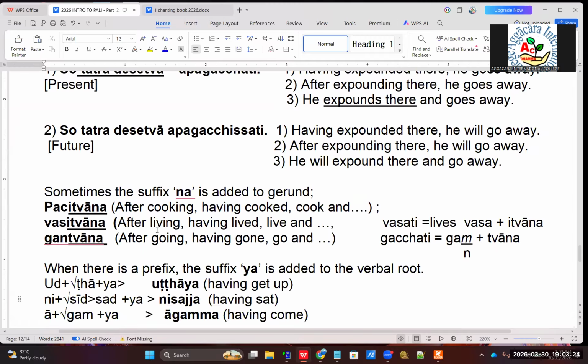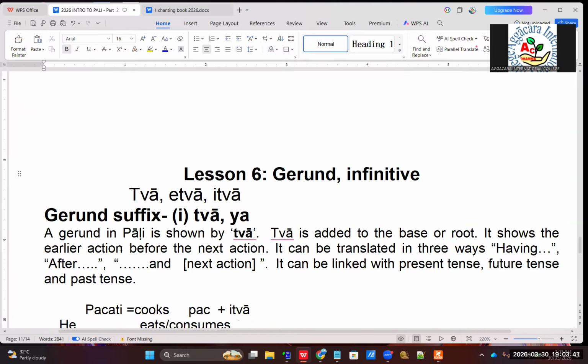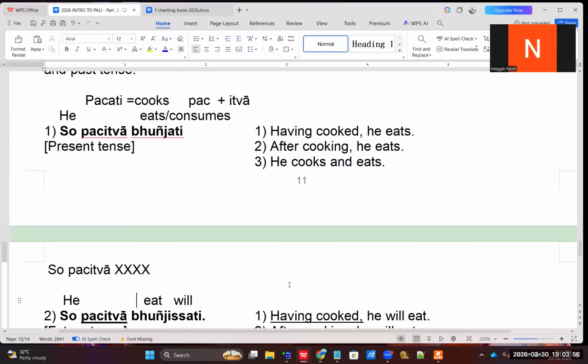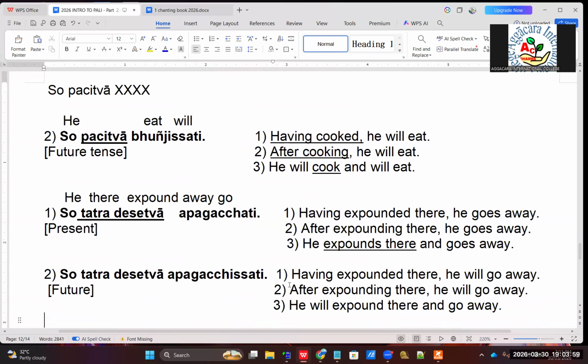Like after cooking, after leaving, after going. Maybe after cooking here, after leaving here, you move to another place. After going there, then you come back here. So it shows the first action. That's why this one always shows the earlier action. That's a key point. So pachitva or pachitvana, both can be used.